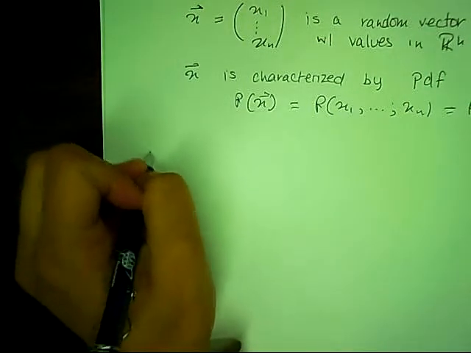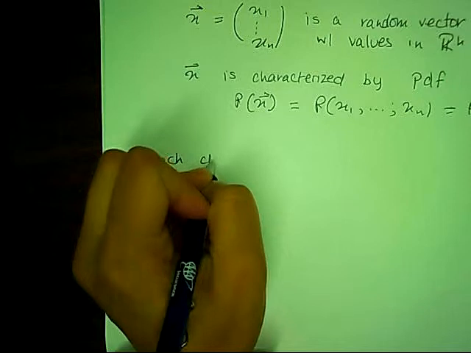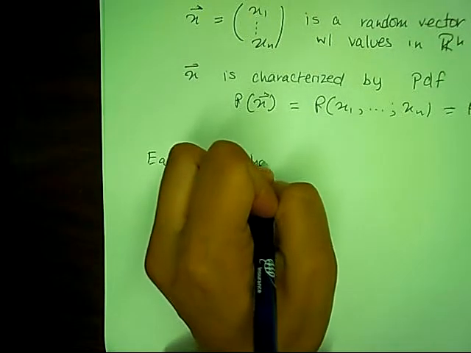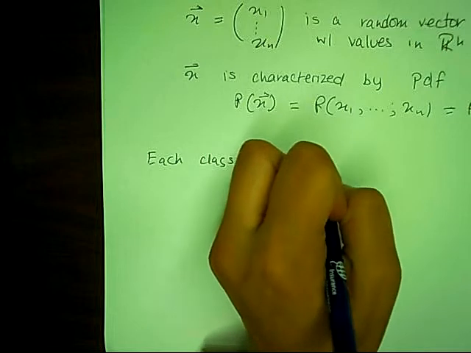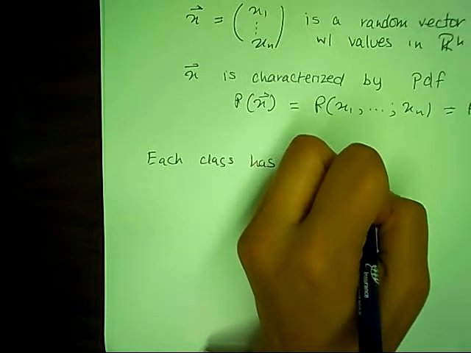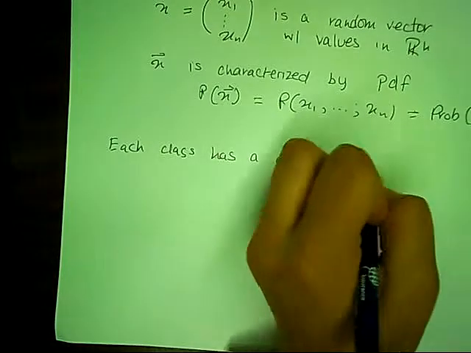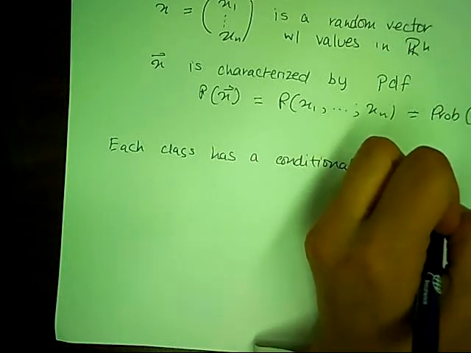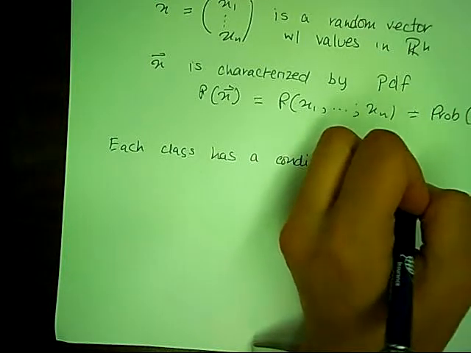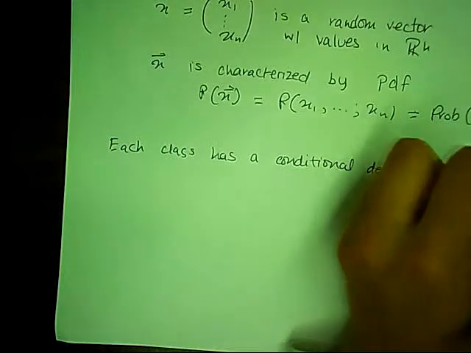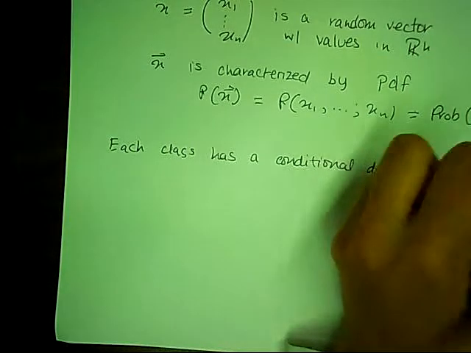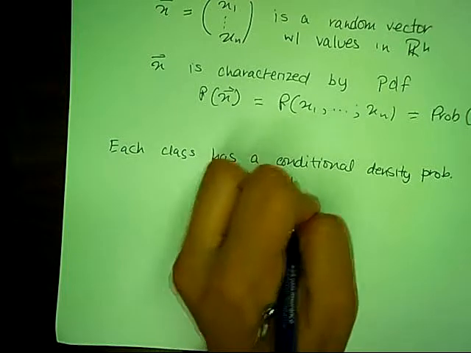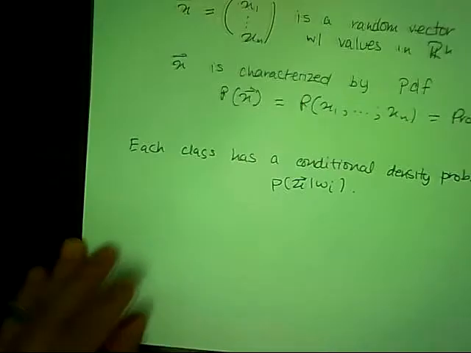Now, for the classes, each class has a conditional density probability. So it would be P of x given ωi.